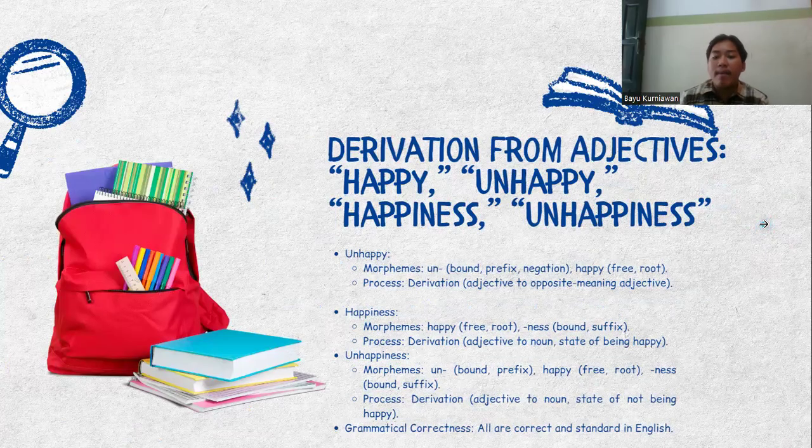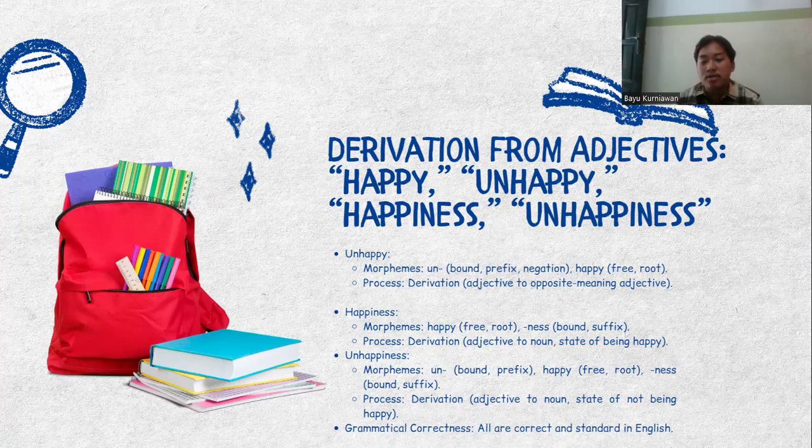Derivation from adjectives: happy, unhappy, happiness, and unhappiness. Unhappy: morphemes: un, a bound prefix for negation; happy, the free root. The process is derivation, adjective to opposite-meaning adjective. Happiness: morphemes: happy, the free root; ness, a bound suffix.